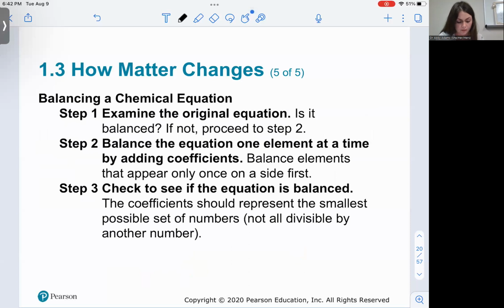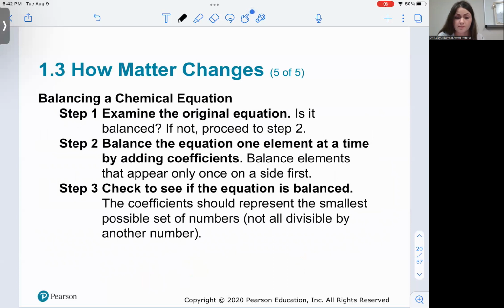Before we start, here's a protocol, a little checklist for you to follow, to make sure that your chemical equation is balanced. First, you have to decide, is the chemical equation balanced?